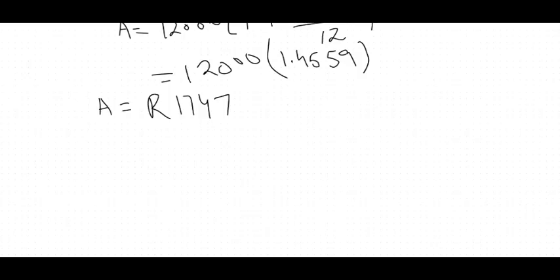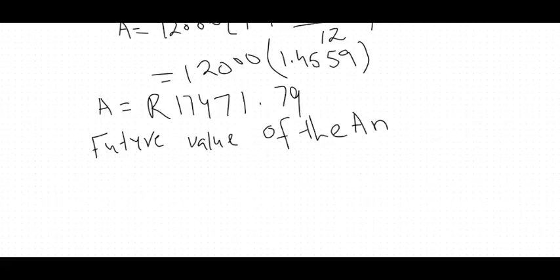So for part B, we find the future value of the annuity. The annuity is the series of x, where x equals R500 deposits starting on 1st April 2023 and ending on 1st March 2025.